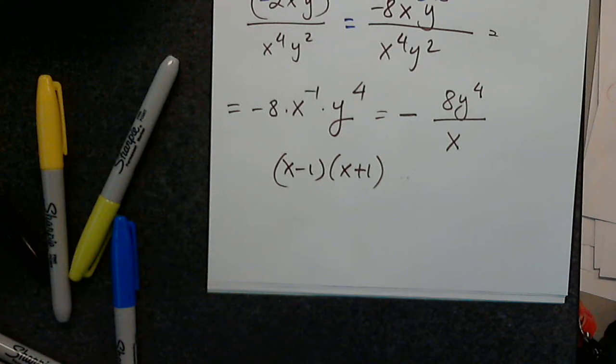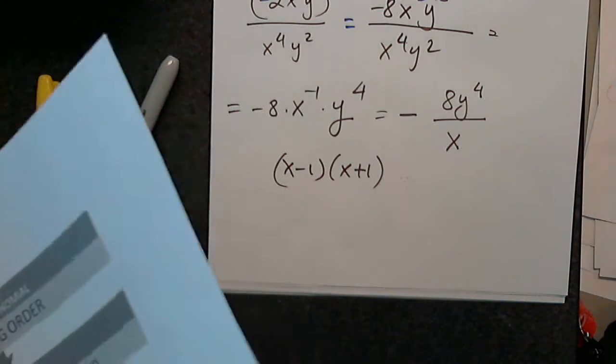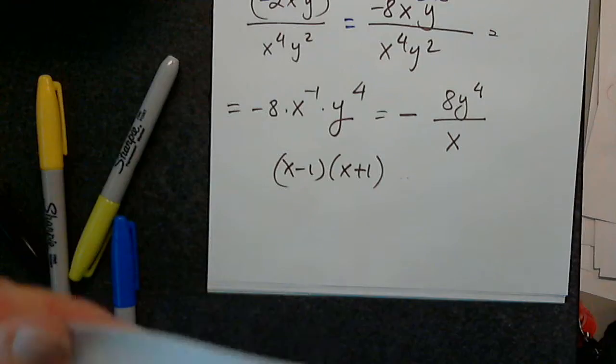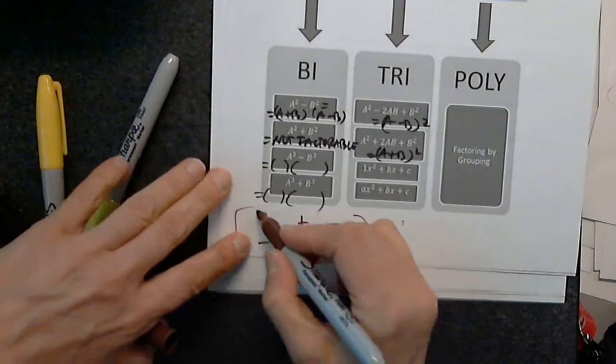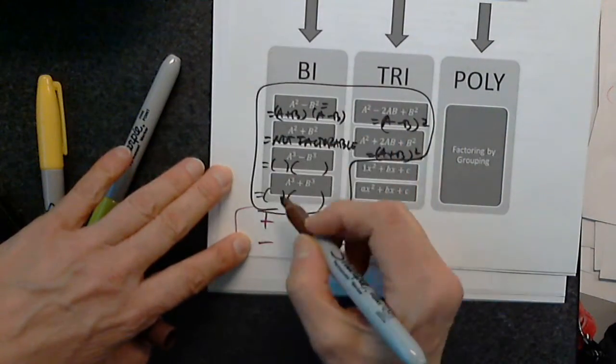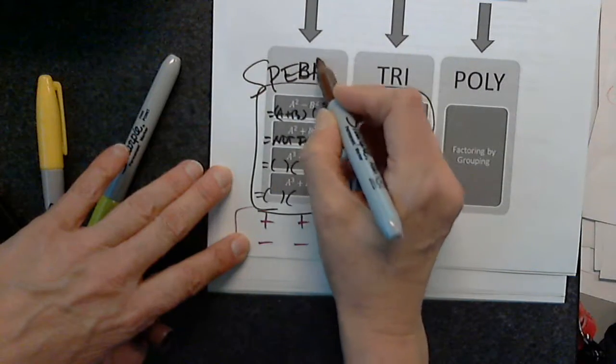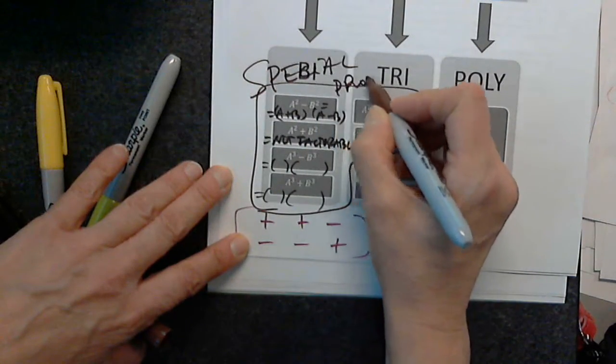Right? So wait, I thought the only special product is when it's x squared plus 1. All these are special products. They are in chapter 5.